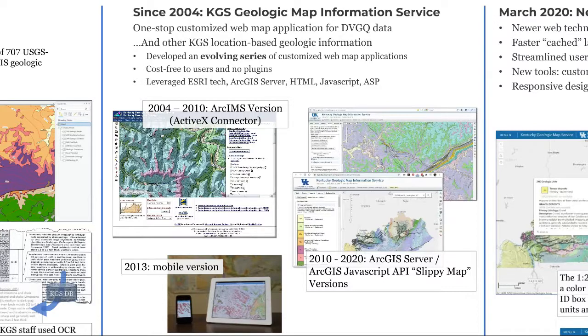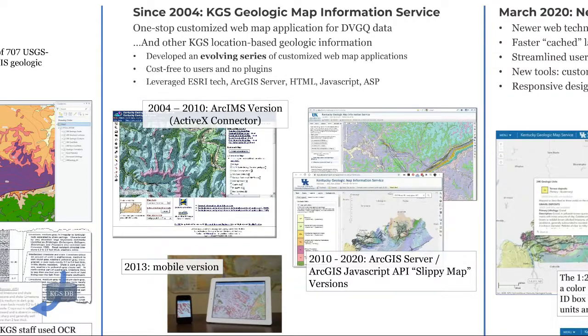In 2010, when Esri got rid of ArcIMS, we migrated the map service to ArcGIS Server and rebuilt the application using the Esri ArcGIS JavaScript API. This was a major enhancement because it gave the user a much faster slippy map experience similar to Google Maps, where at least the base map is loaded on the fly with panning and zooming, versus the slow loading and unstable ArcIMS experience.